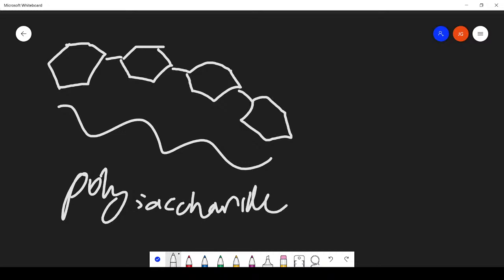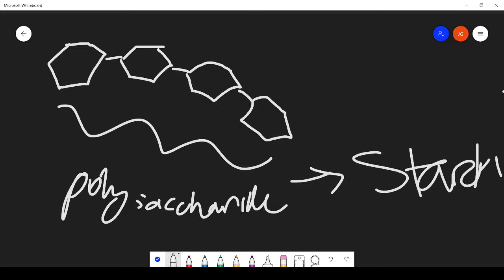From here, you can get all kinds of polysaccharides, but when you chain glucose together, you get starch. I'm not going to draw hexagons, I'm just going to draw them as circles. Starch can form in 1 of 2 forms.